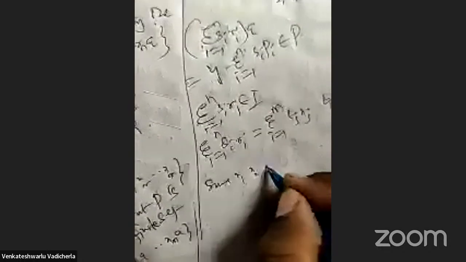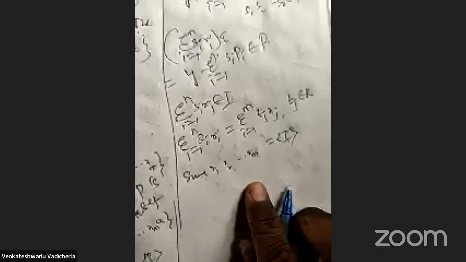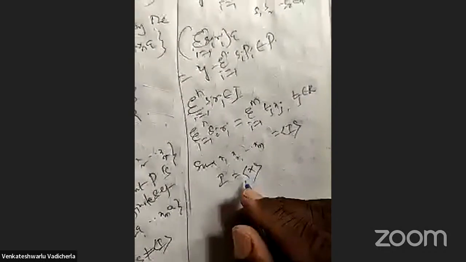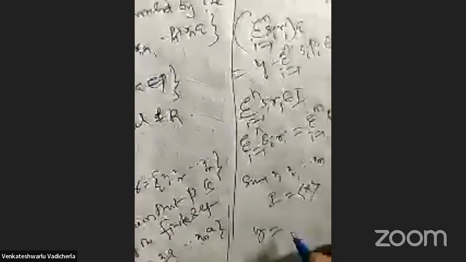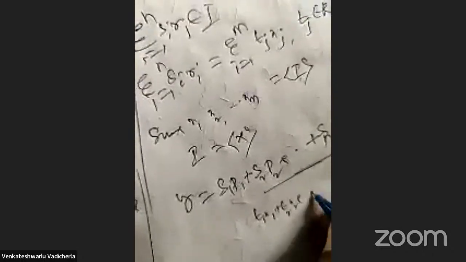Since x1, x2, up to xm generate I, I is also generated by capital X. Therefore y can be written as s1 p1 plus s2 p2 plus up to sn pn, which is generated by P. The remaining elements are t1 x1 plus t2 x2 plus up to tm xm of a.